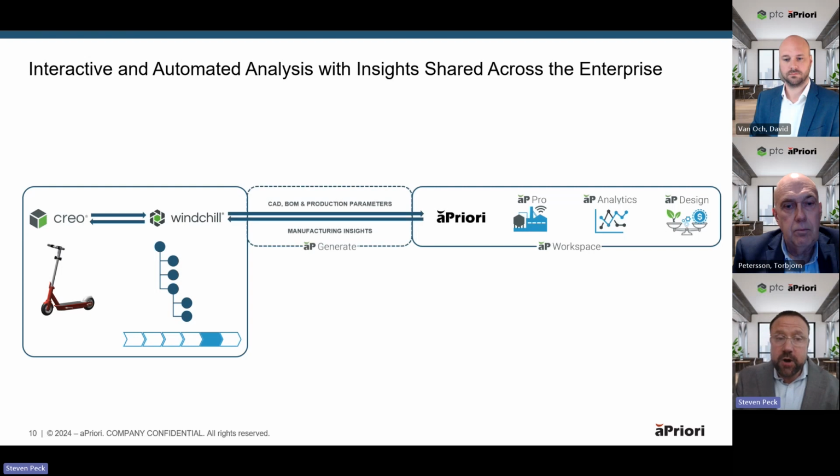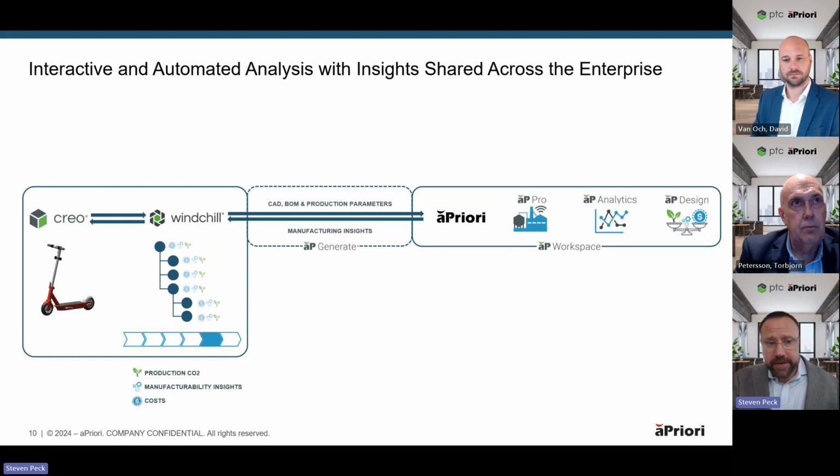So taking the CAD model and the production parameters that are associated with the product, aPriori's simulation will generate those insights interactively or in an automated approach, and then bubble those up directly to people working within the interface, but also drive those back into Windchill.